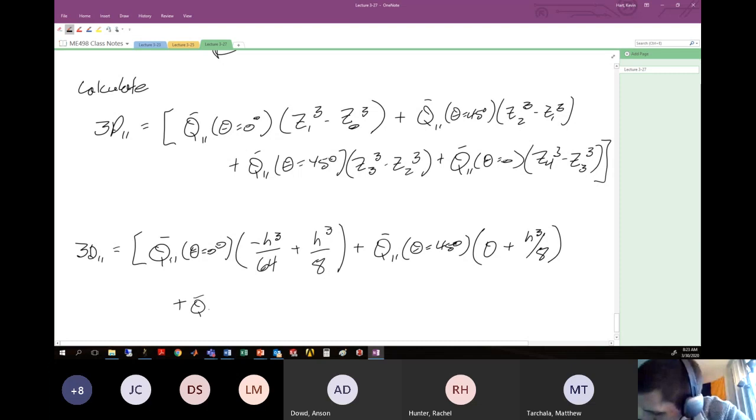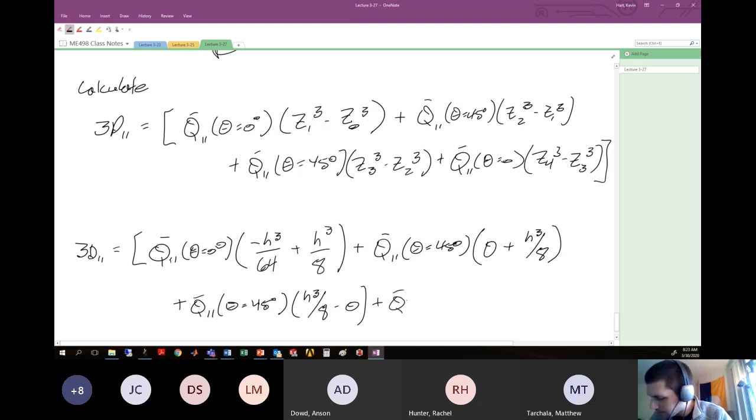Now here we have a plus Q bar 11 at 45 degrees still. This is the contribution from the third layer, very similar looking: H cubed on 8 minus 0. And finally, we have plus Q bar 11 for theta equals 0 degrees, this outer layer, Z4 cubed minus Z3 cubed. So this will be H cubed on 8 minus H cubed on 64.